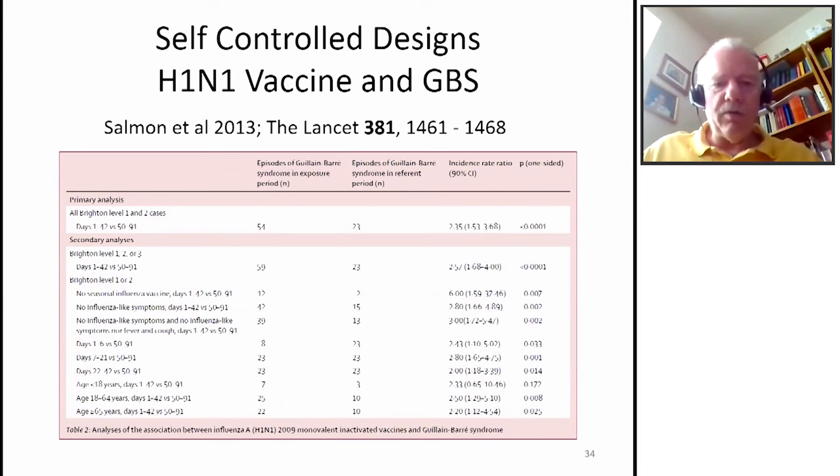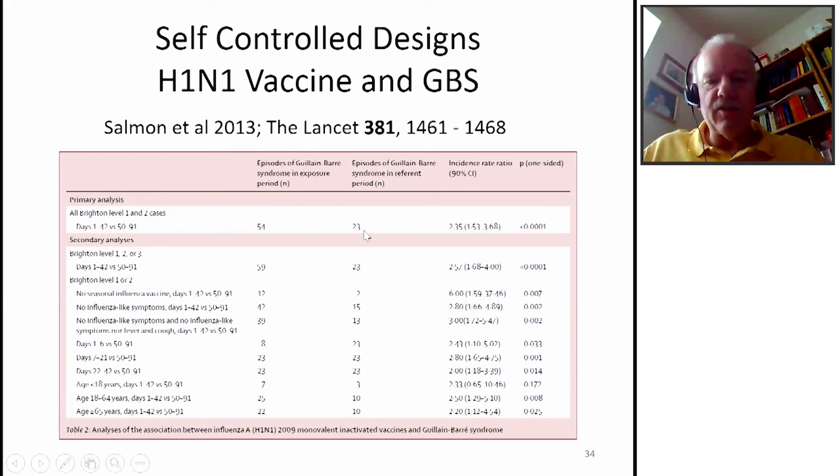So overall, what we saw is there were 54 episodes of Guillain-Barré within the first 42 days, versus 23 cases of Guillain-Barré during the last 42 days. And so this is like flipping 77 coins, basically, and noticing that 54 out of the 77 are heads. And so when you look at that and say, how unusual is that?